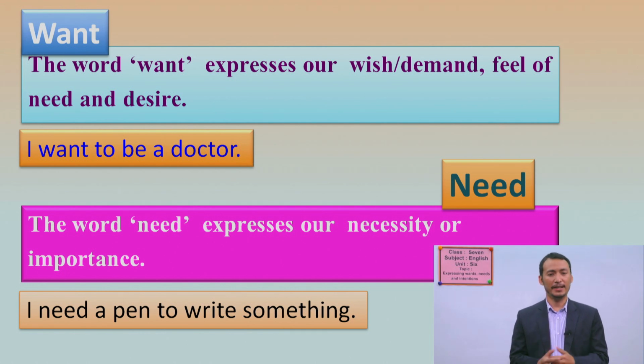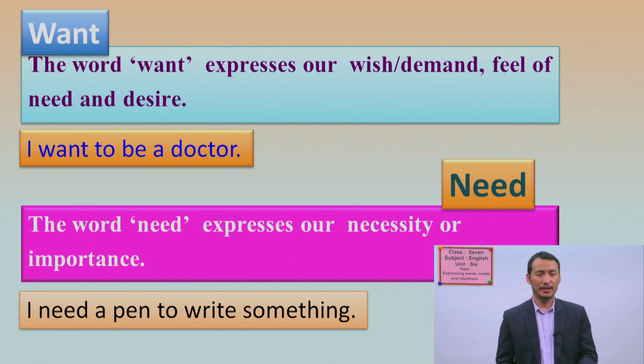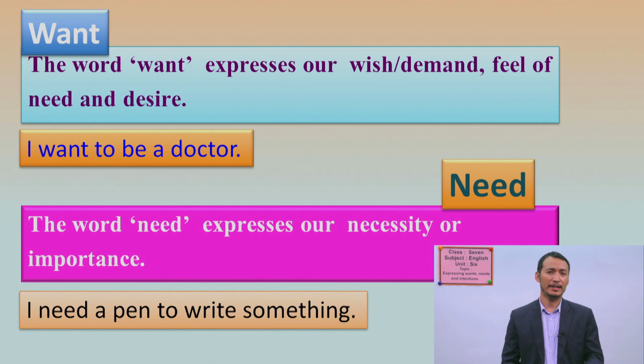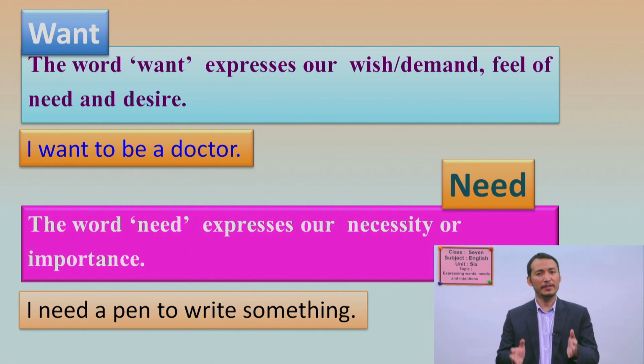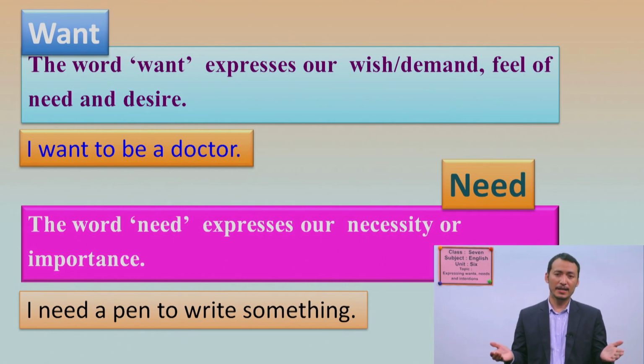I need a pen to write something. Here, without a pen, you cannot write on a copy, or you cannot write something, right? So this is necessary. When you are writing something on a piece of paper, then you need a pen. Definitely, that's the important thing, right? So these are the basic meanings of these two words.